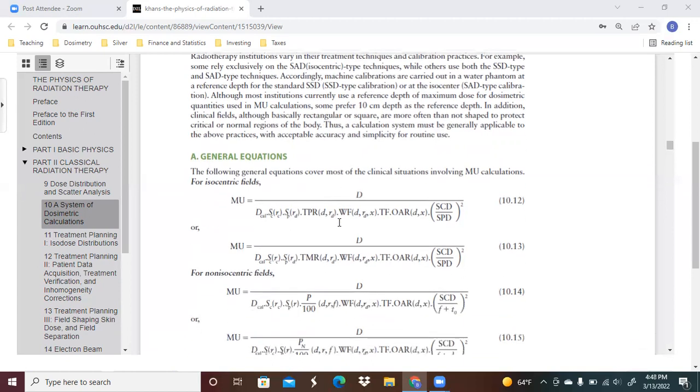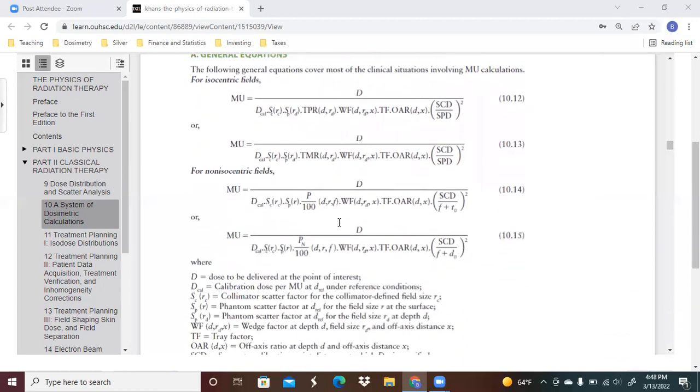Most of the time, in your clinics nowadays, you're going to have a planning system that's going to take care of all of the MUs for you. You're not going to have to sit down and try to figure out exactly what MUs you need in order to make this work. The computer system will already figure that out for you.